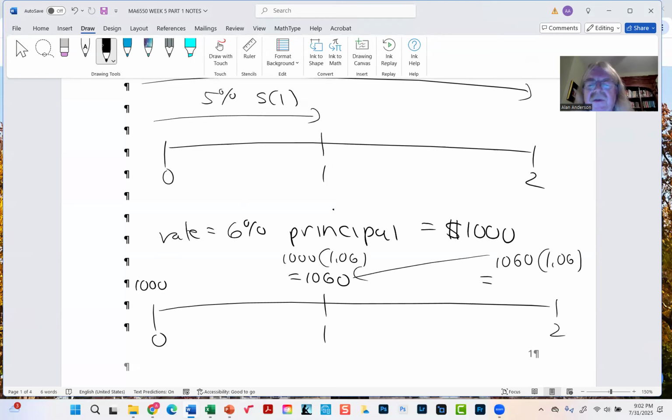In other words, we start with 1,000. At the end of the first year, we add another 6% to that 1,000 to bring us up to 1,060. In the second year, we're applying that 1.06 or 1 plus 6% to 1,060. So this time, the amount we end up with is 1123.60.